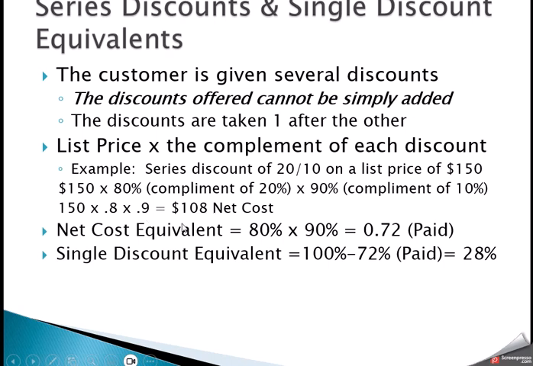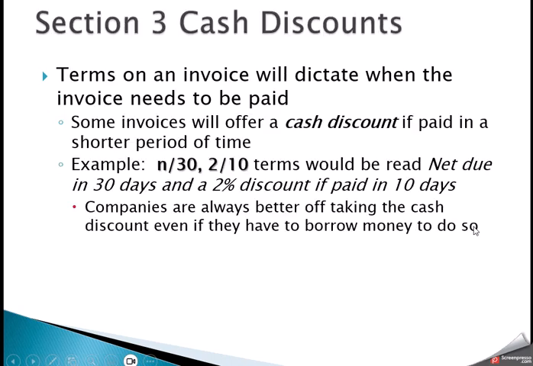So again, a lot easier than calculating it and subtracting. Sometimes the textbook will ask for the net cost equivalent, which is those percents paid multiplied together. And then once you get that percent paid or that net cost equivalent, if you subtract it from 100%, that gives you your single discount equivalent.